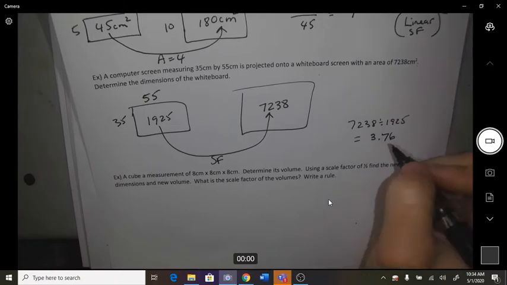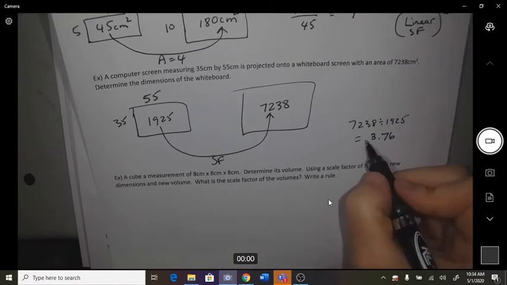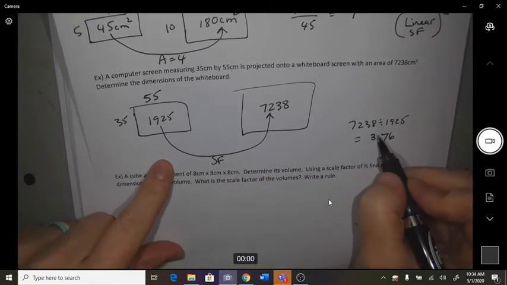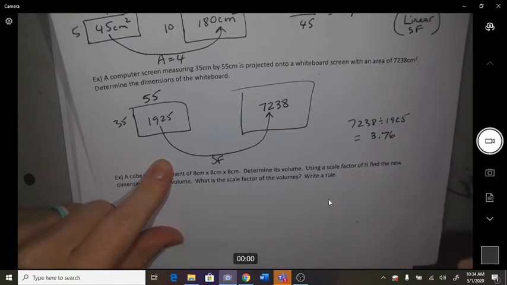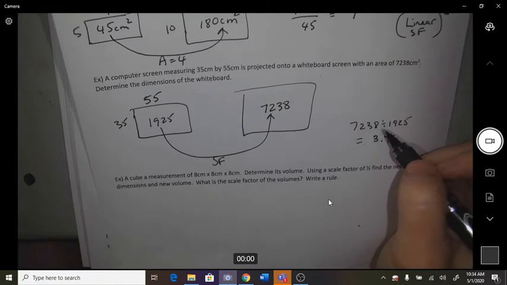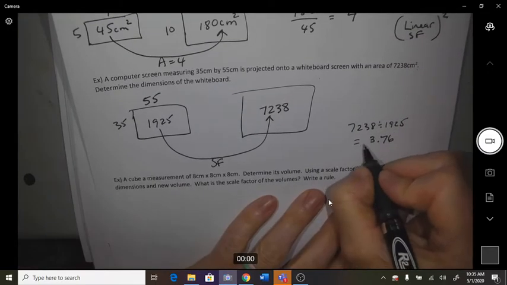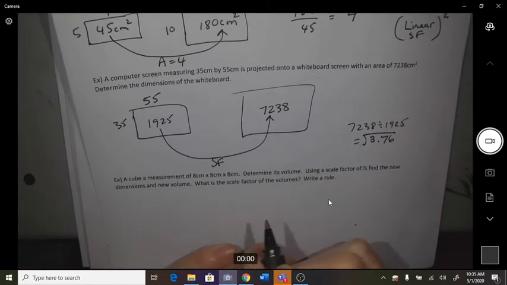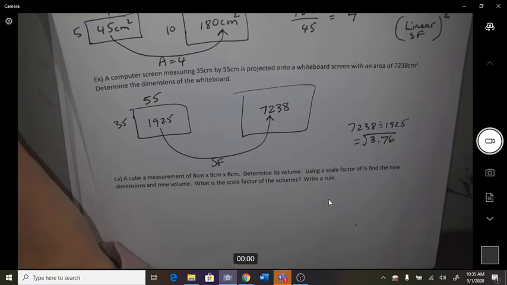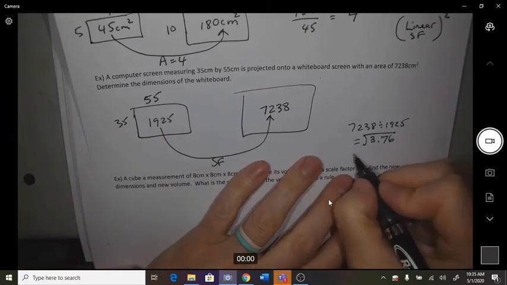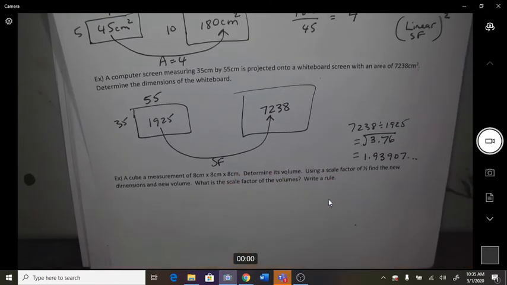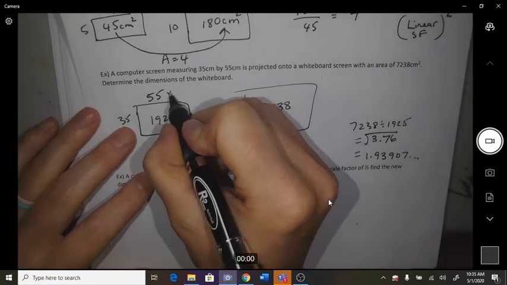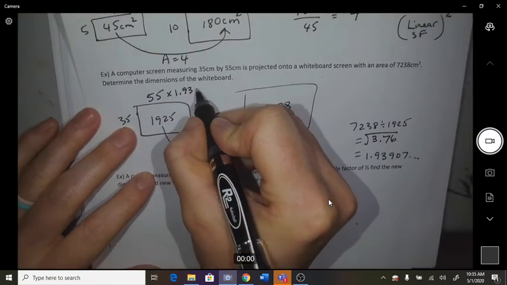Okay, now if we square root it, that would be the scale factor of the linear. So square root that equals 1.93907. We'll keep a few decimals because we don't want to really round it. So that means that these will get multiplied by that number.